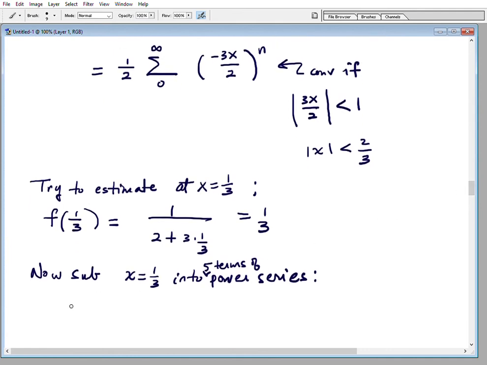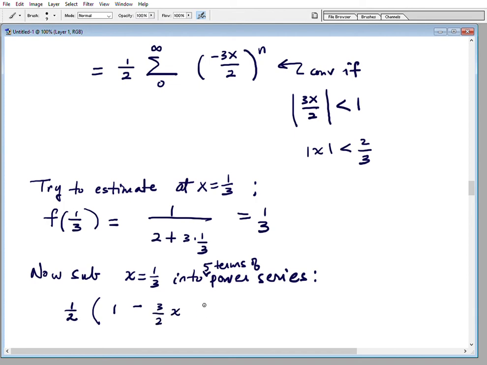So here's the first 5 terms. We have that 1/2 on the outside, all right? And we have 1, and this alternates, plus minus. Starts positive, because when n is 0, we just get plus 1. When n is 1, we get a negative. So we have minus 3 over 2x.